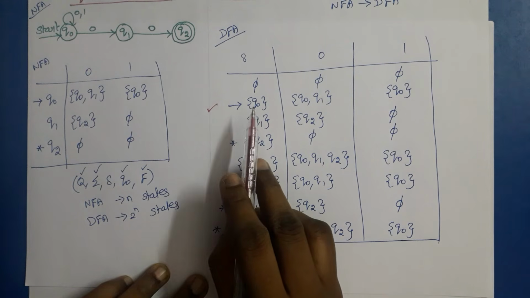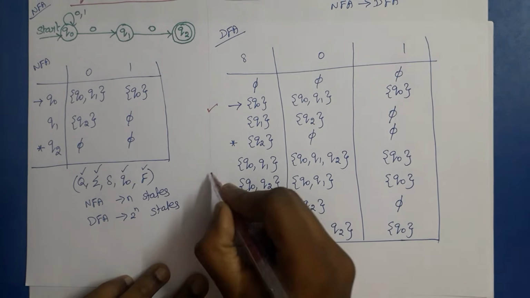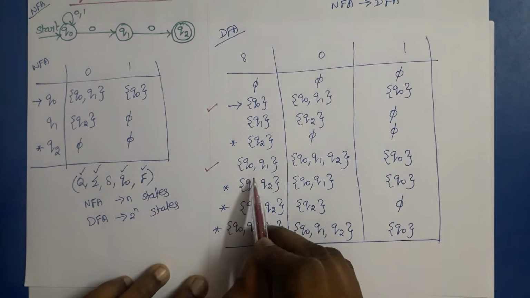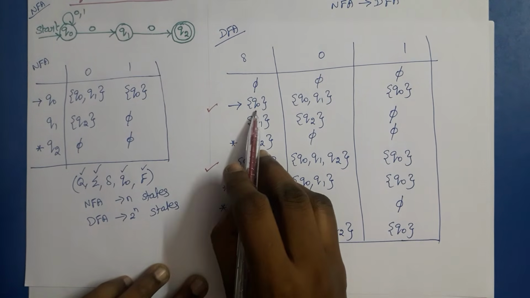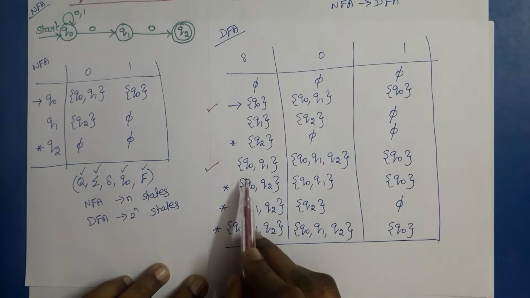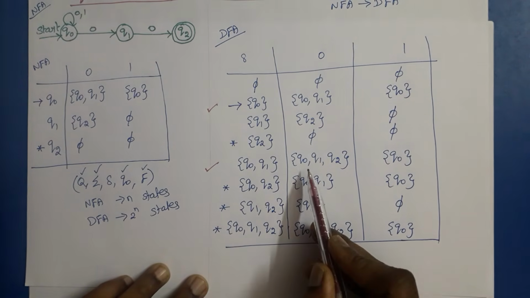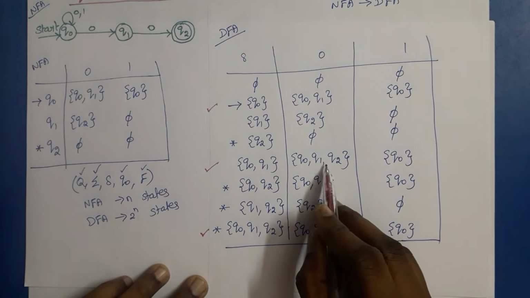From Q0, what are the new states introduced? Q0, Q1. So Q0, Q1 is also an accessible state. Then Q0 is already an accessible state; we have already marked it. Then from Q0, Q1, what new states are introduced? Q0, Q1, Q2. So this is also an accessible state.